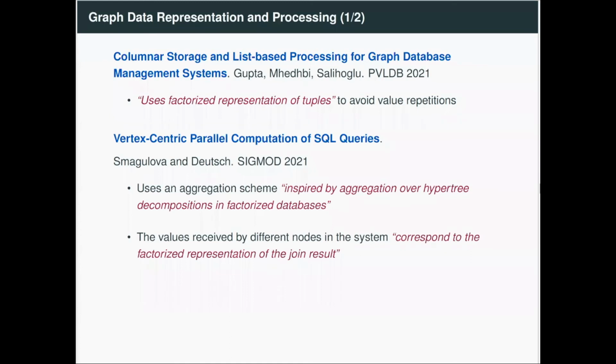In their recent VLDB paper, Salioglu et al. are building a graph database management system where data is kept in a factorized representation so as to avoid repetitions. In their recent SIGMOD paper on parallel computation of SQL queries, Smagulova and Deutsch use a factorized representation of intermediate results that are shipped between the compute nodes. They can then compute aggregates directly over factorized data.